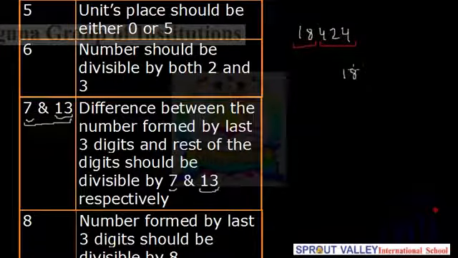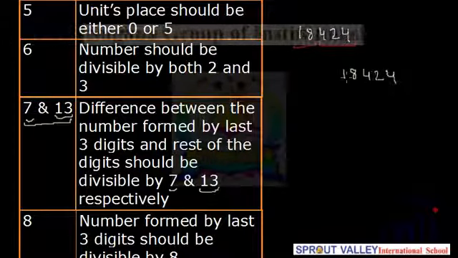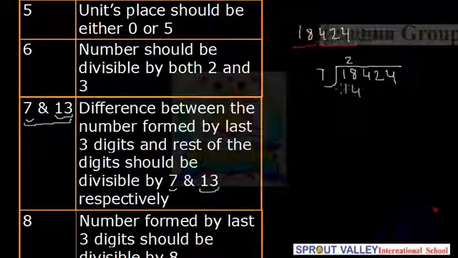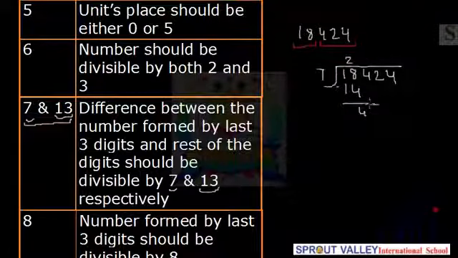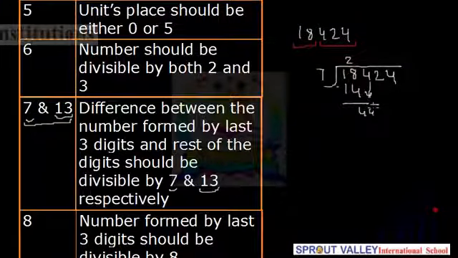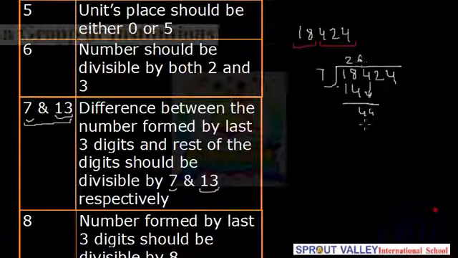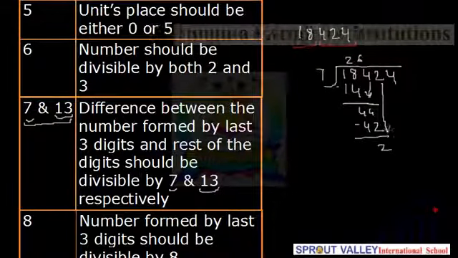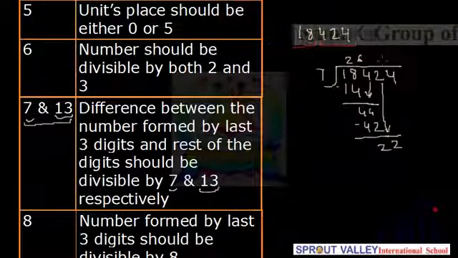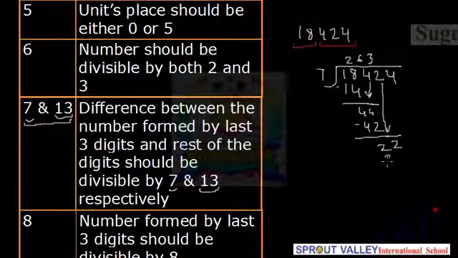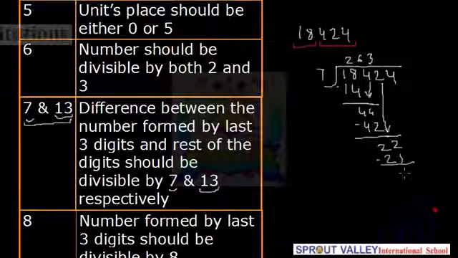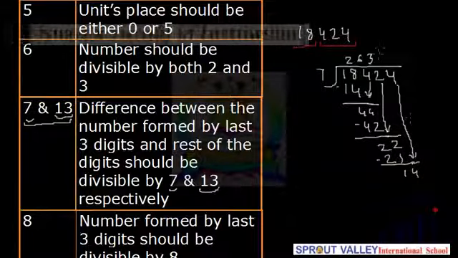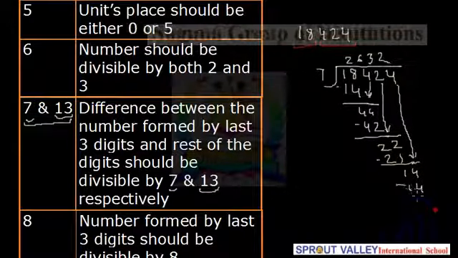So 1, 8, 4, 2, 4. If I divide it by 7, 7 2s are 14, 4 is remainder, 4 is noted down, 7 6s are 42, subtract, 2 is noted down, 7 3s are 21, I subtract, I'll get 1, I'll note this 4, and 7 2s are 14, right?